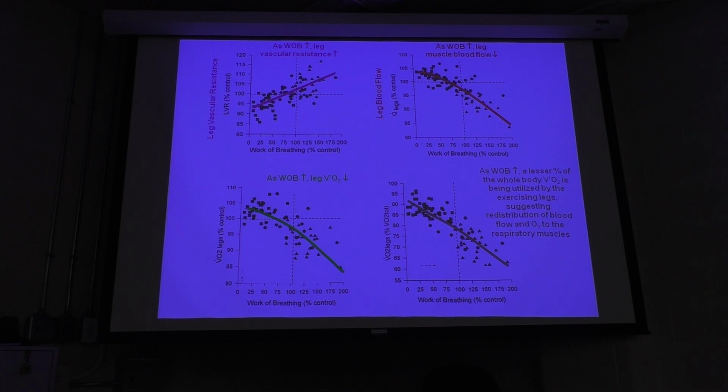Because that's saying that the work of breathing that's normally incurred is resulting in higher vascular resistance, lower blood flow, lower leg VO2, and a lower percentage of the total VO2 than if the work of breathing was able to be reduced in these athletes. So the normal work of breathing incurred is contributing to some increase in limb vascular resistance, decrease in leg blood flow, oxygen delivery, and oxygen consumption.